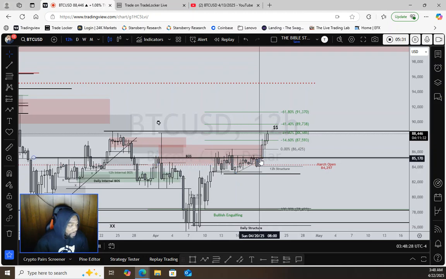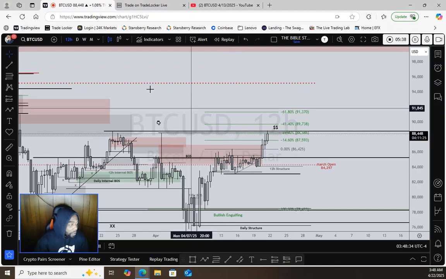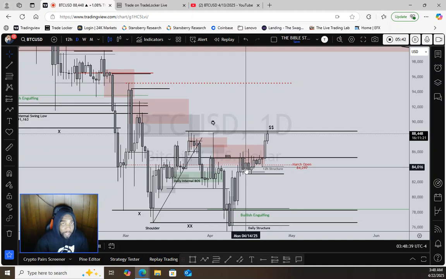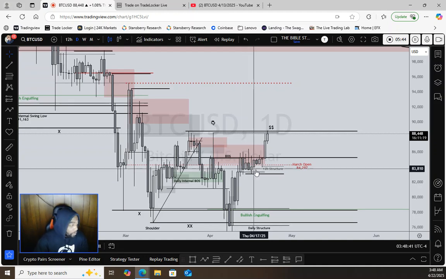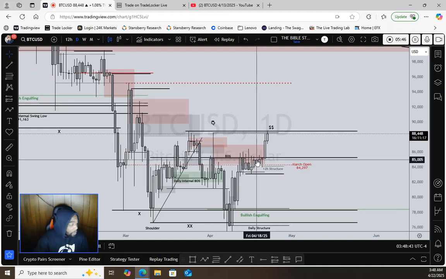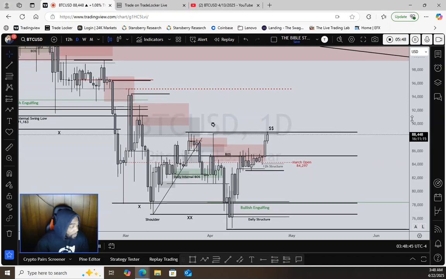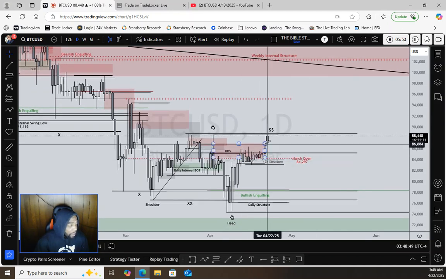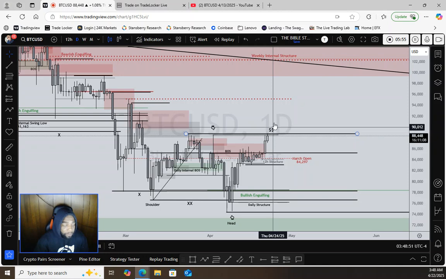And once price did that and printed this bullish engulfing, that's when you know, because again, price was encountering a daily internal retracement, as you just saw on the clip. Price was encountering daily continuation, and that bullish continuation was expected.